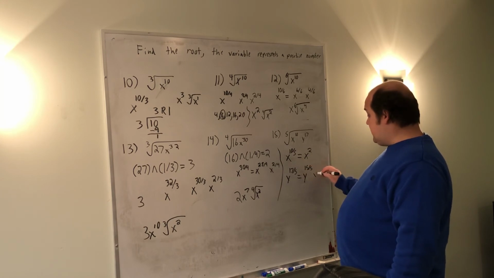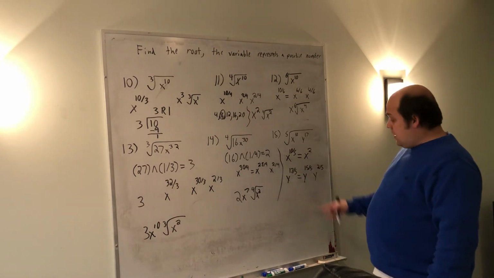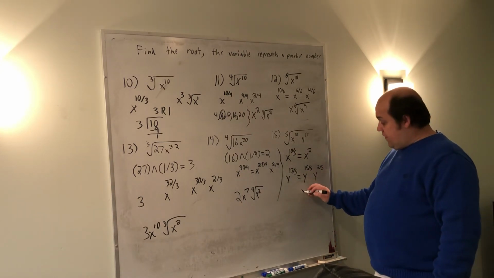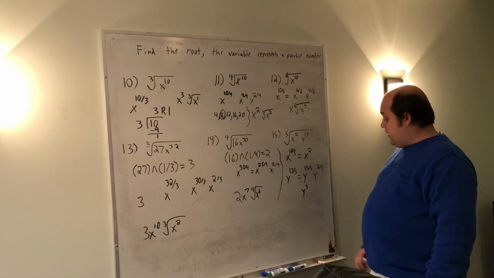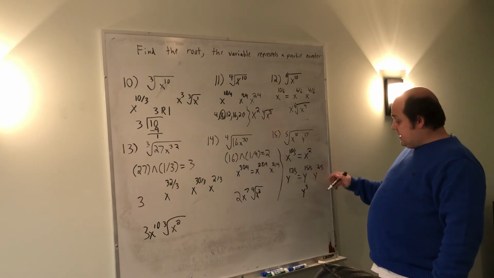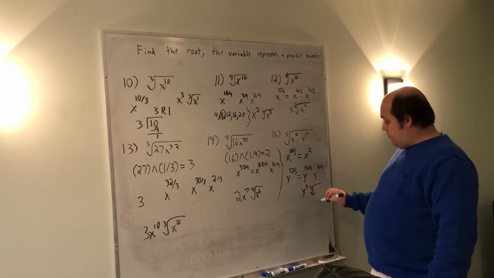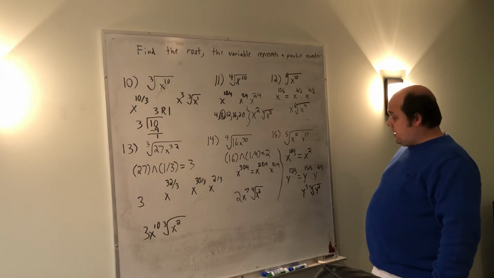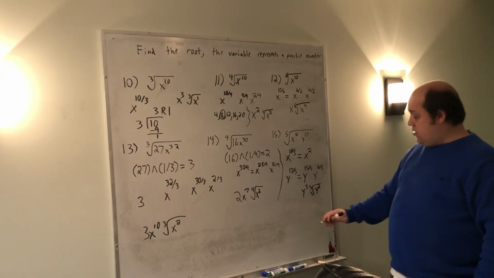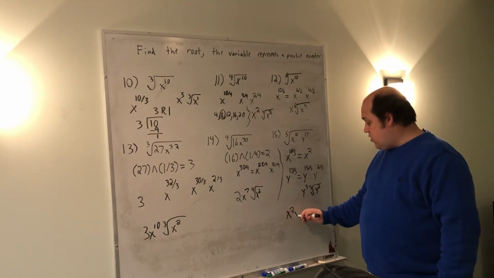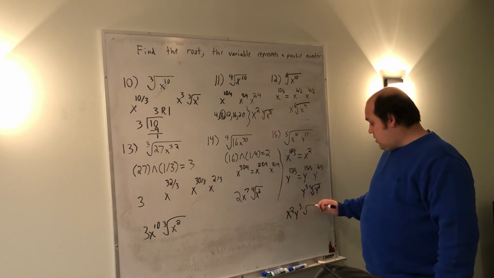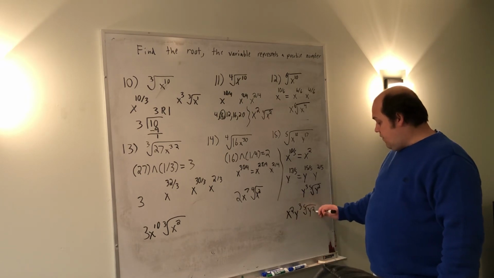That's going to leave me 2 more y's to get to 17. This y to the 15th over 5 gives me y to the 3rd. This y to the 2nd over 5 stays under the 5th root as y to the 2nd. When I put these two together, I get x squared, y to the 3rd, the 5th root of y to the 2nd.